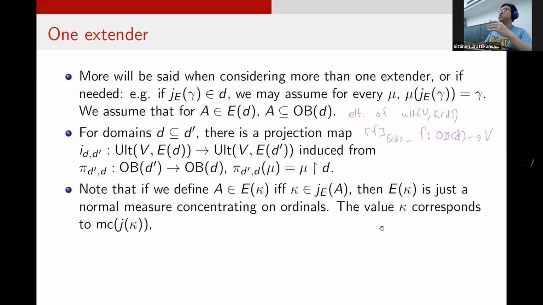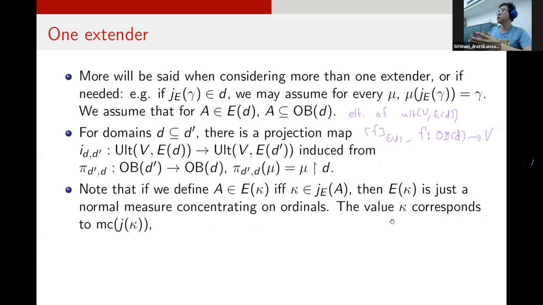And as usual, you can project down to a normal measure. So I can define A to be in E kappa if kappa is in JE of A, and E kappa is just a normal measure. And then since there are some projections going on, you can say more about how E of kappa interacts with, for example, E of D, where D is a fixed domain.